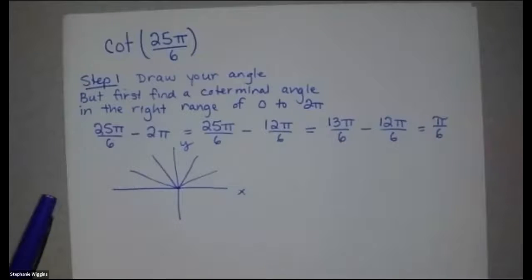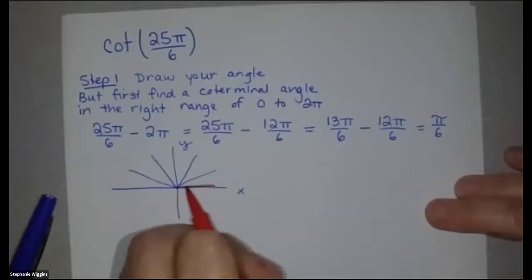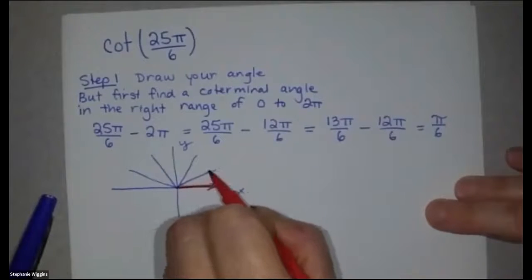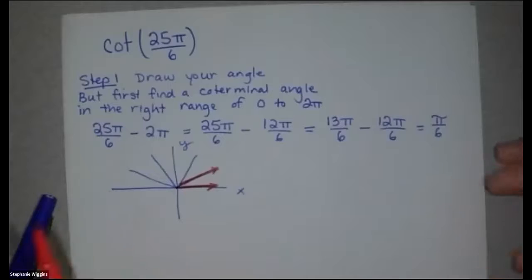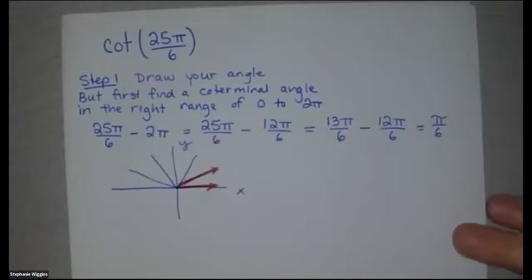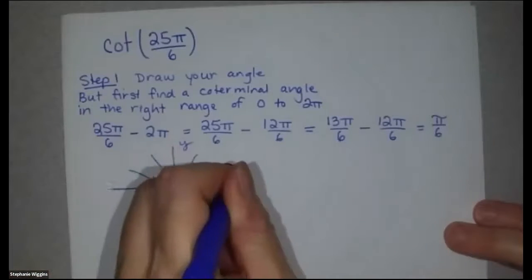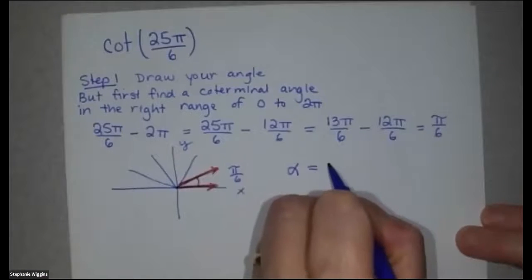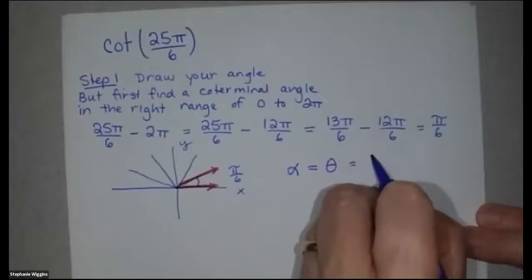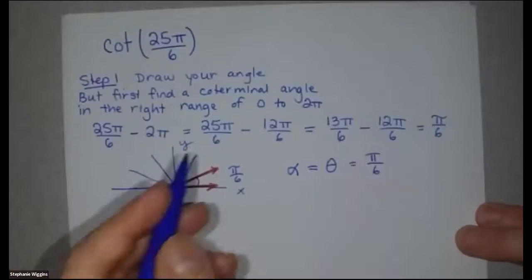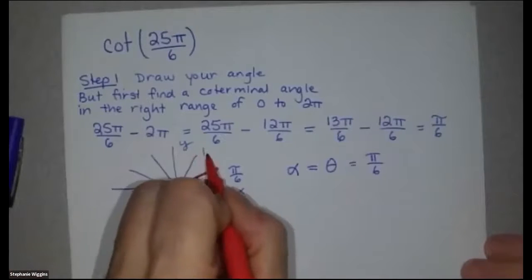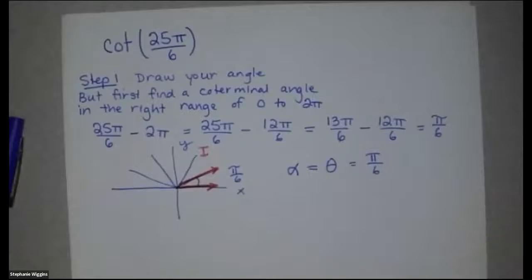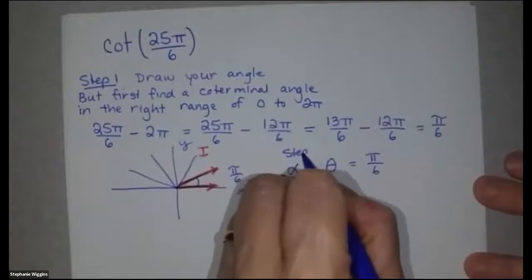So my angle is right here. There's the initial side, and there's the terminal side, and pi over 6. So alpha, the reference angle, is equal to theta, which is equal to pi over 6, because we're in the first quadrant. Okay, so step 1, we drew our angle. Step 2, we found the reference angle.